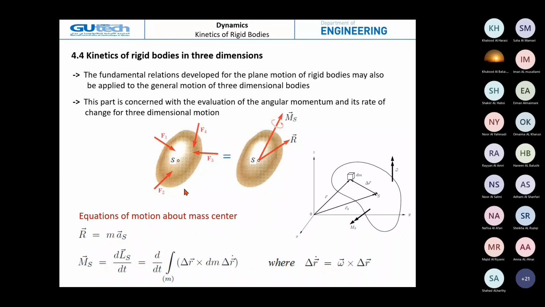This system is equivalent to this system, where we have the resultant of all forces plus the moment. The resultant passes through the center of mass, and the moment also has to be determined about the center of mass or gravity center. Then here the equation of motion about the center of mass.